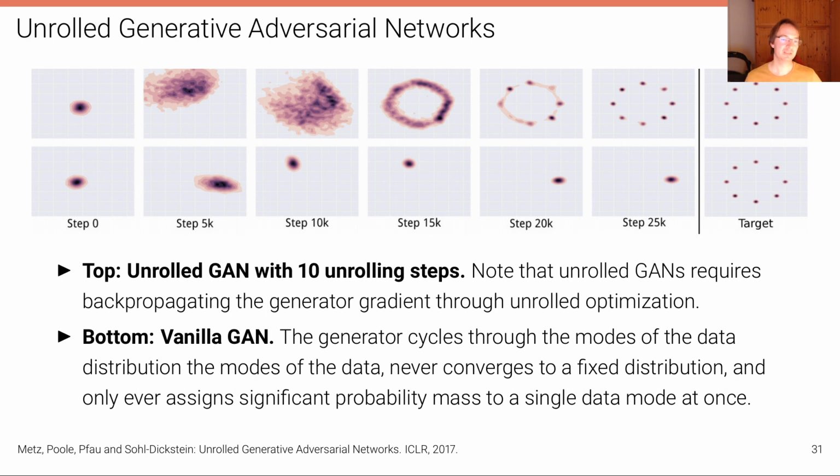But it's possible. And here on this very simple example, where on the right you can see the target, it's a distribution with 8 modes. We see that a vanilla GAN here on the bottom does not converge to the right distribution, but it's jumping between modes, while the unrolled GAN here is able to actually recover that distribution approximately.